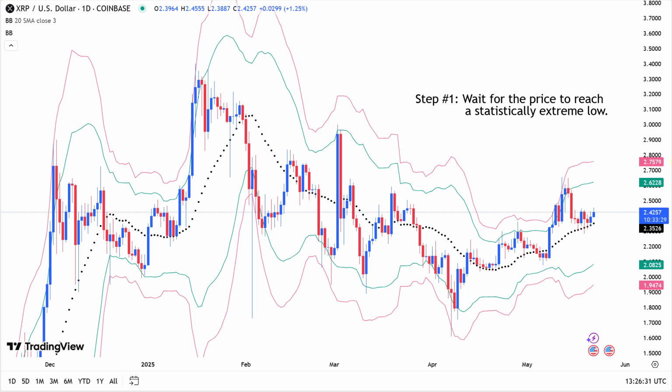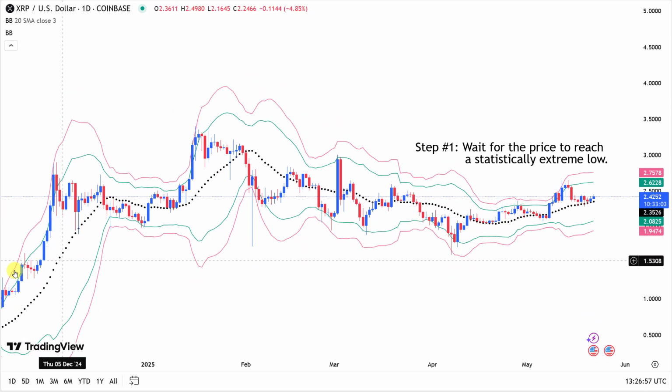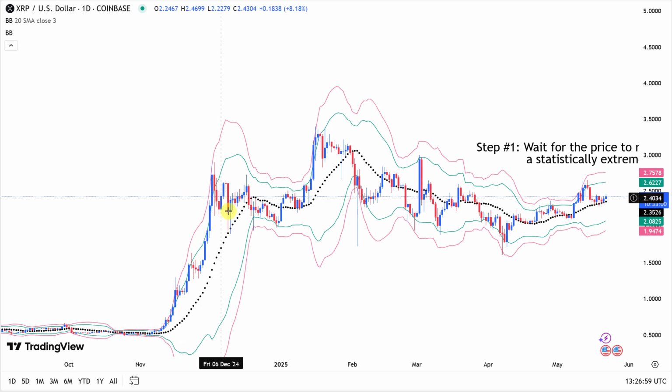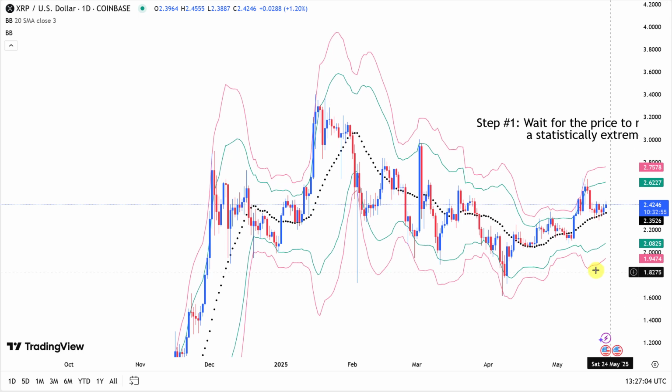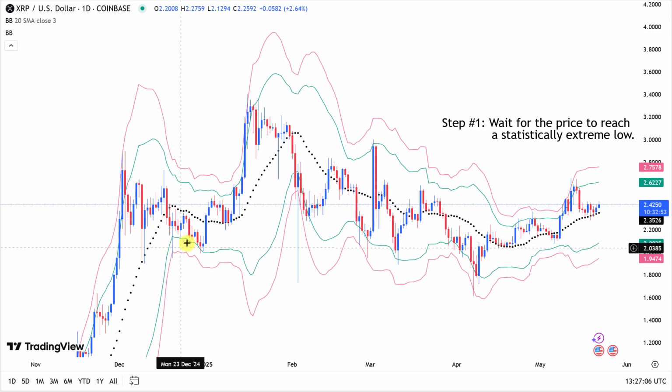I like cryptocurrencies because they're probably the most volatile trading instrument right now. They have the wildest swings, which is great for a strategy like this. Like when this retraced after this big move upward, it retraces down to -3 standard deviations and then bounces off and moves up.